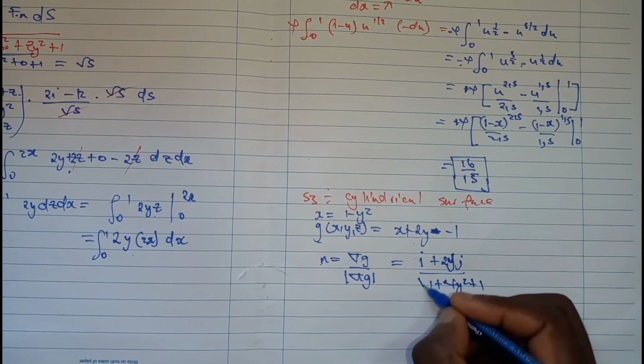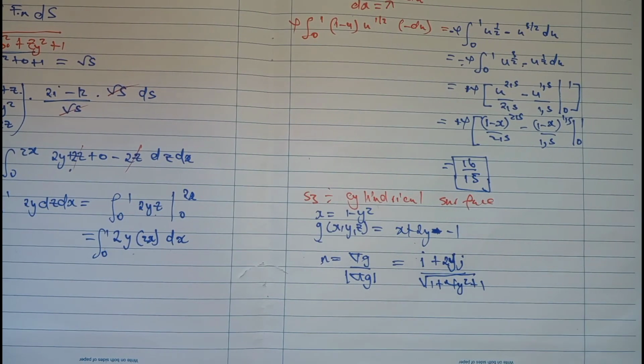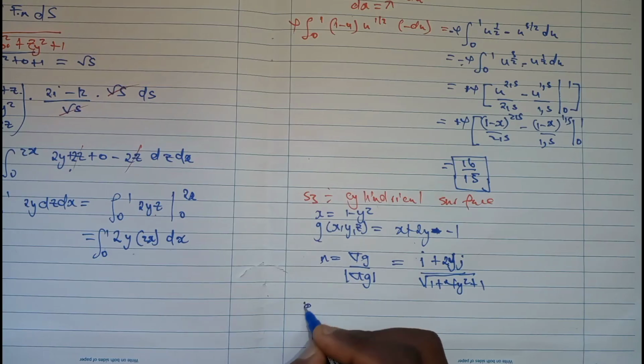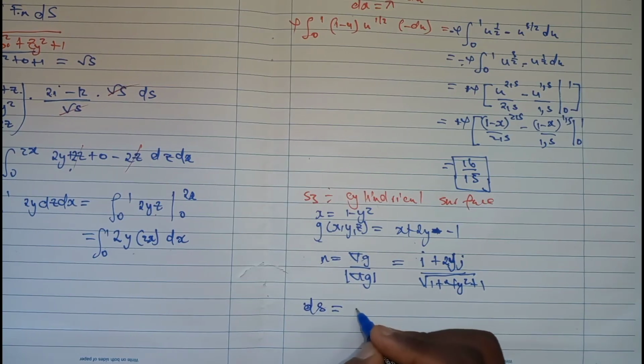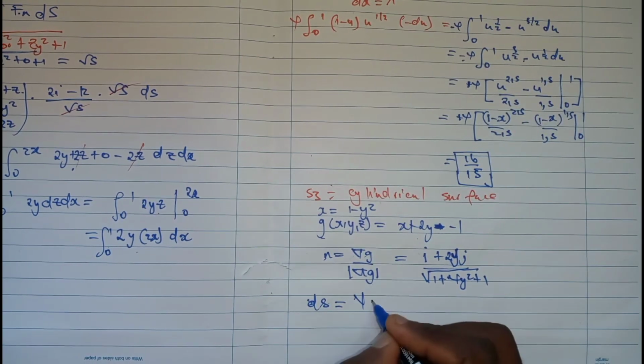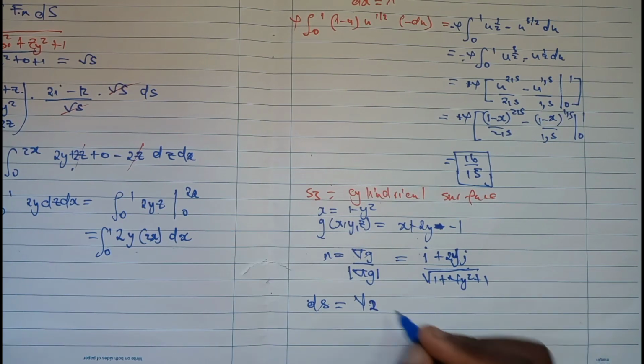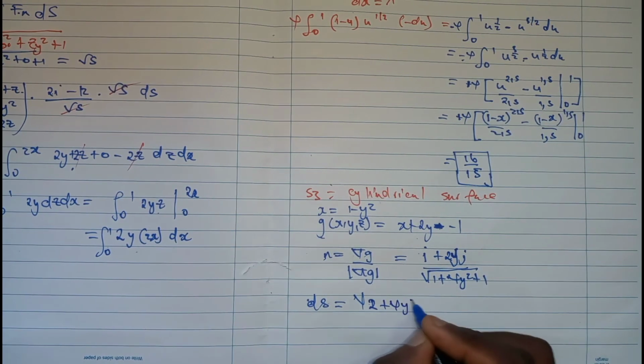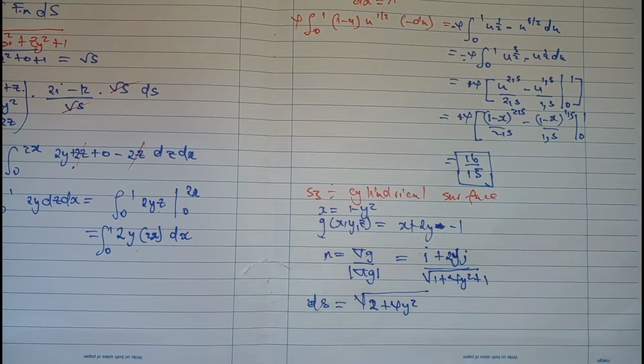And this also means that ds is going to be the square root of 1 plus 4y squared. I think I've shown you how.